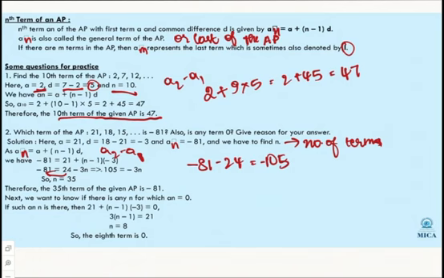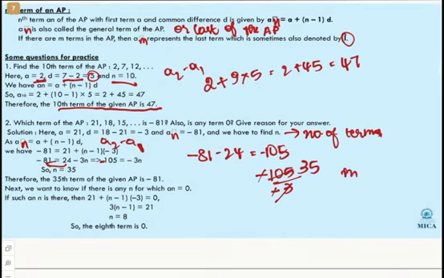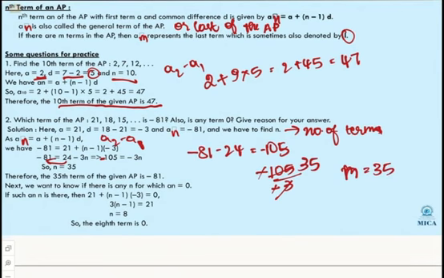And if n is left on the RHS, and if minus 3 is sent below, that is minus 105 by minus 3, then minus minus get cancelled, and 35 comes. So n is equal to 35. Therefore, the 35th term of the given AP is minus 81.